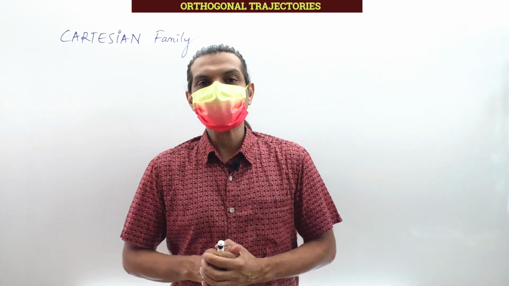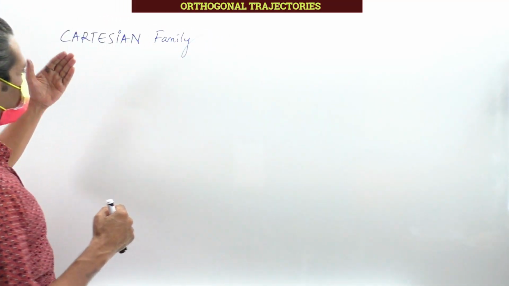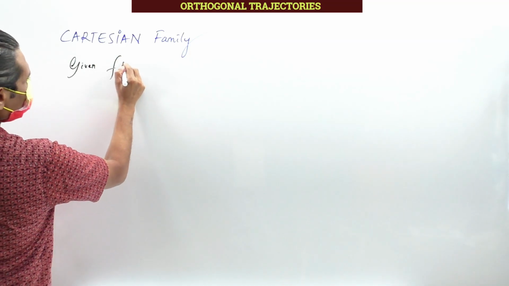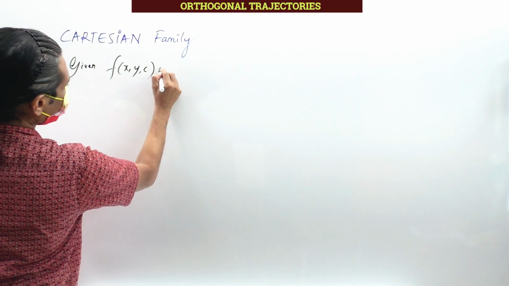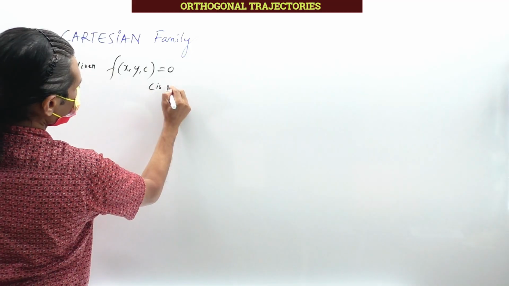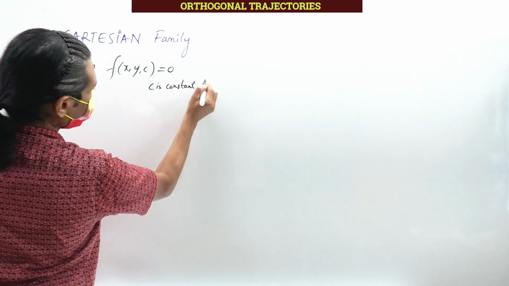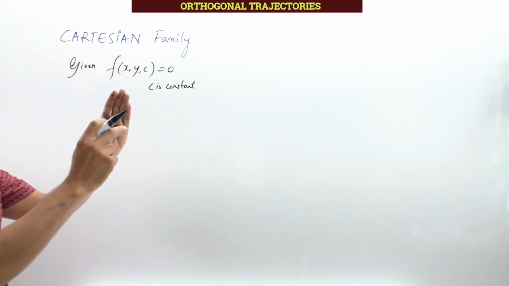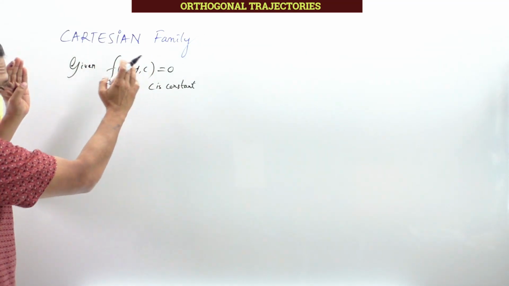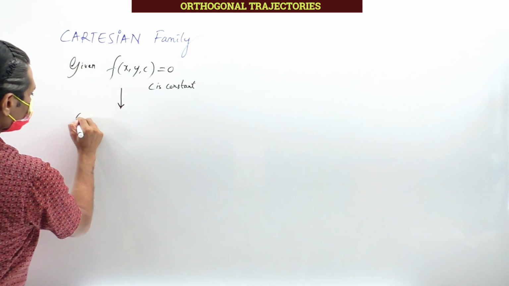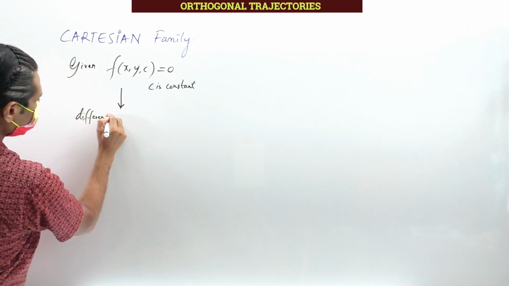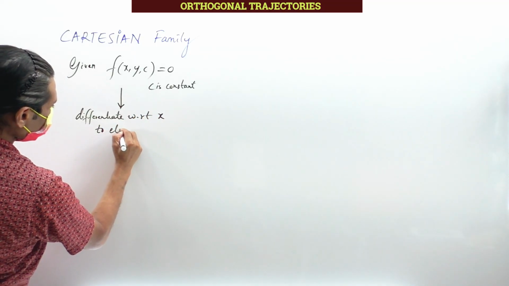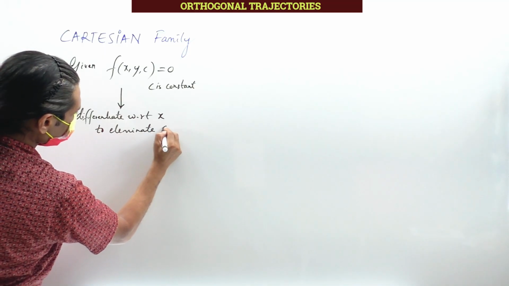A Cartesian curve is something which has x and y in the equation. So while discussing our Cartesian family, let's say the Cartesian equation is given as f of x comma y comma c equals 0. Here c is, say, a constant. So first, what we do is, the method is like this: we have the question given. First we differentiate with respect to x to eliminate the constant.